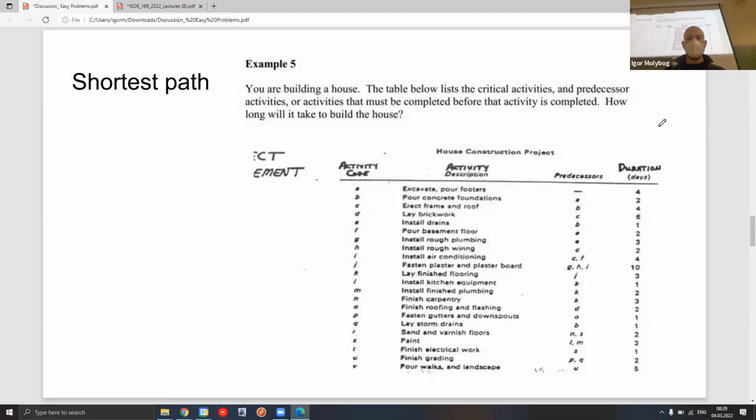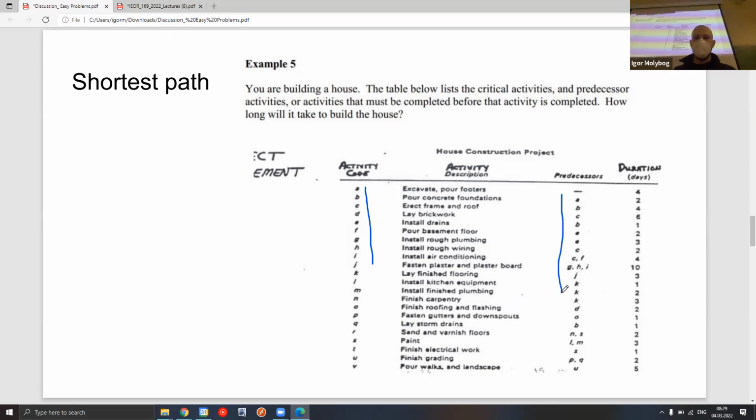We are interested in the target term, the minimal term in which we can construct a house. You can see that on the left hand side there are activities listed by code, and on the right hand side there are predecessors.